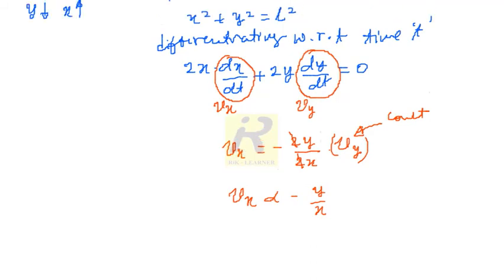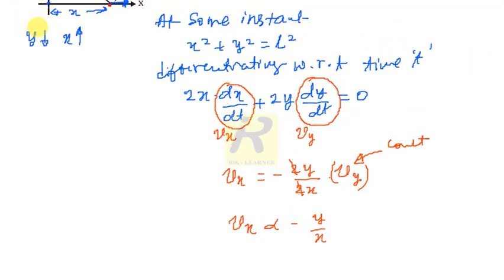Now think about y and x. I have given you a clue here. In the whole situation, y decreases and x increases. So x is in the denominator and y is in the numerator. The numerator is decreasing, the denominator is increasing. That means the ratio decreases.